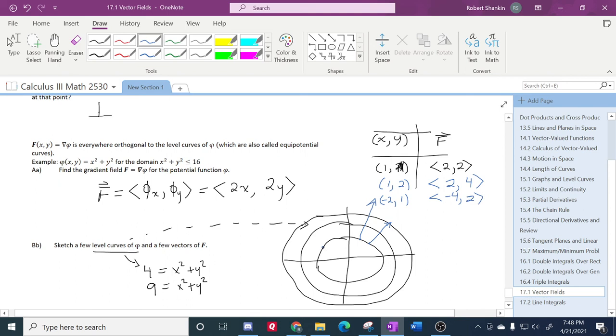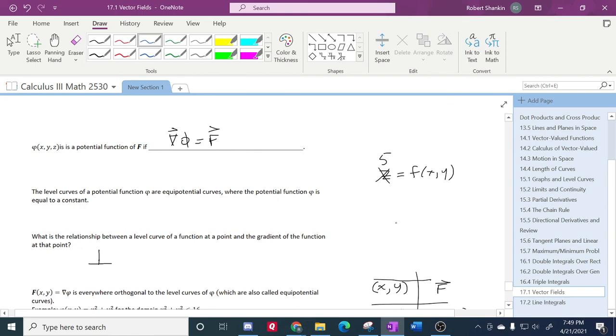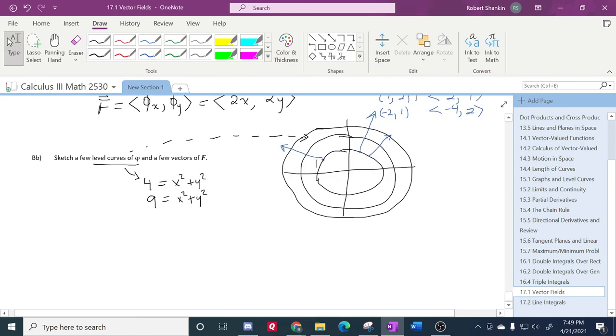So I'm going to go from here, -4, +2, perpendicular to the circle at that point. It's pretty amazing how these work. All right, so that's the rest of this so that you could finish up 17.1, and we'll stop here for the night.